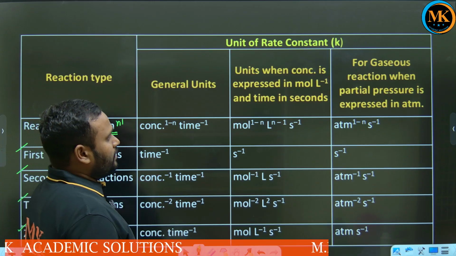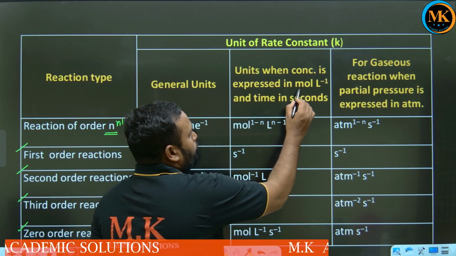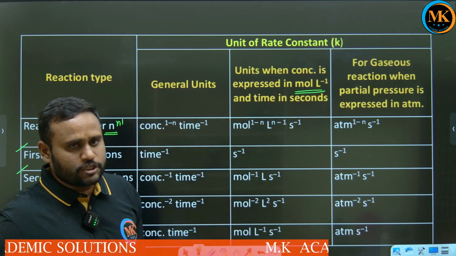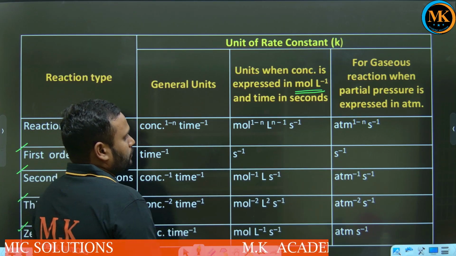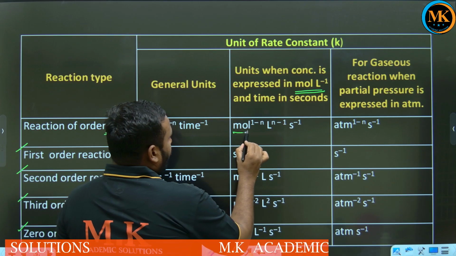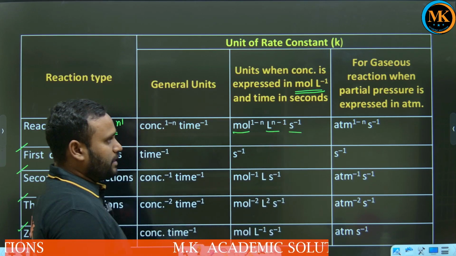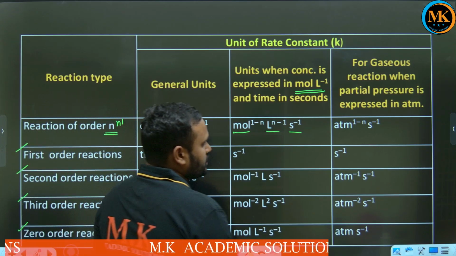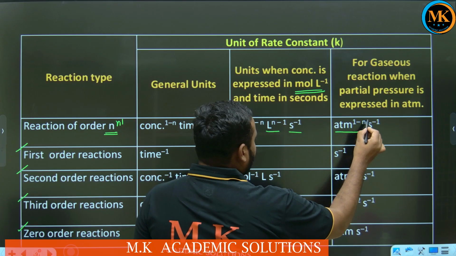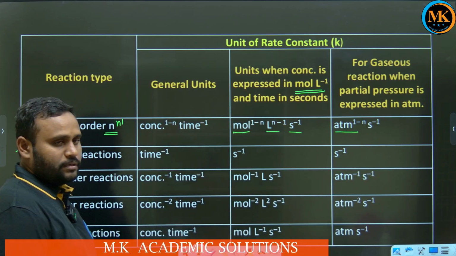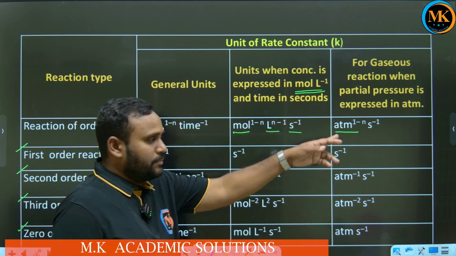When concentration is expressed in moles per liter, we get mole power 1 minus n, liter power n minus 1 per second, as already discussed. For gaseous reactions, atm power 1 minus n, second inverse. Here second inverse is nothing but time inverse.